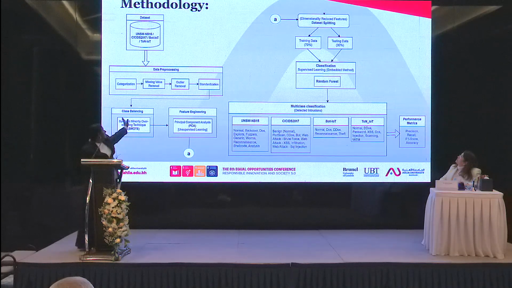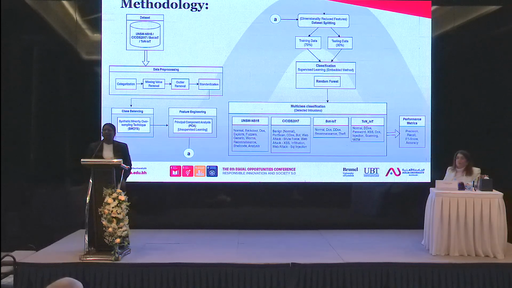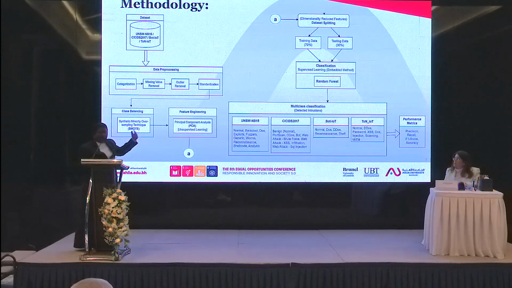Those are categorization, missing value removal, and outlier removal. Especially, we aim to reduce memory usage, so we converted our data set from 64-bit data into lower bits, like 16 or 32 bits, so that we can reduce memory usage.